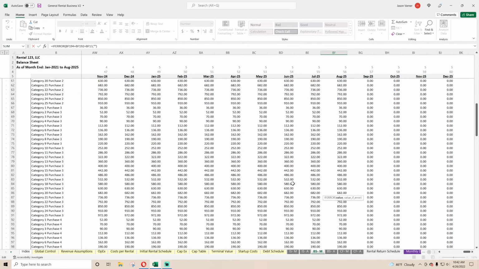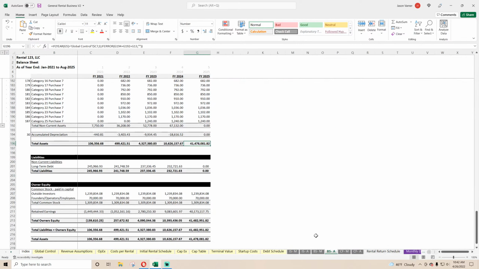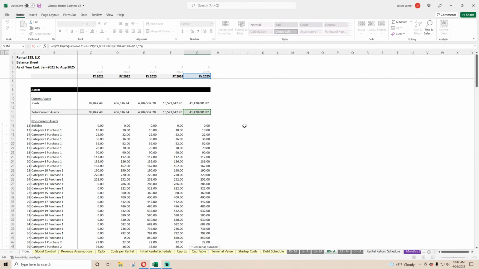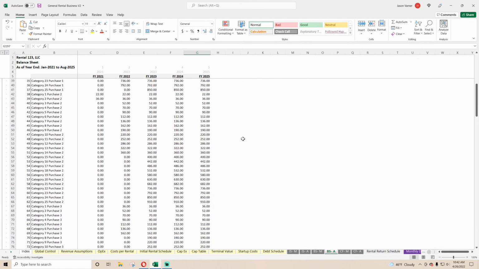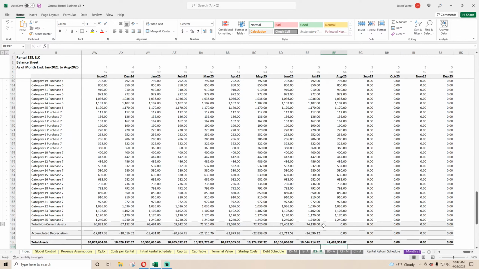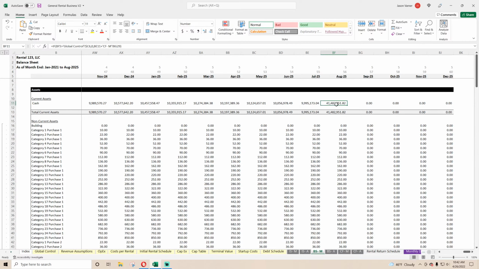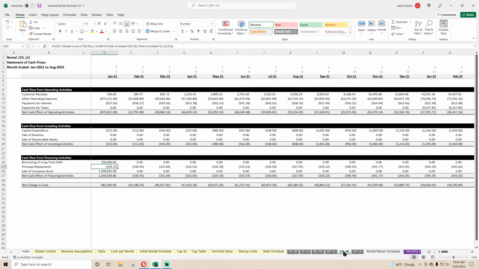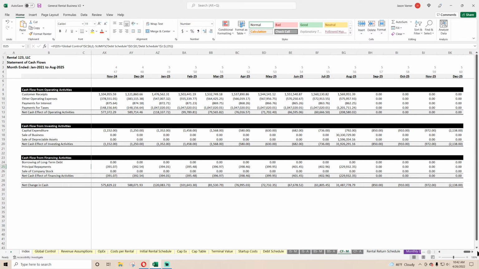Hold on, 41,482. Okay, so this cash balance here is not right. It's 41,478, and we're actually 41,482. So what happened on the cash flow, annual or monthly?